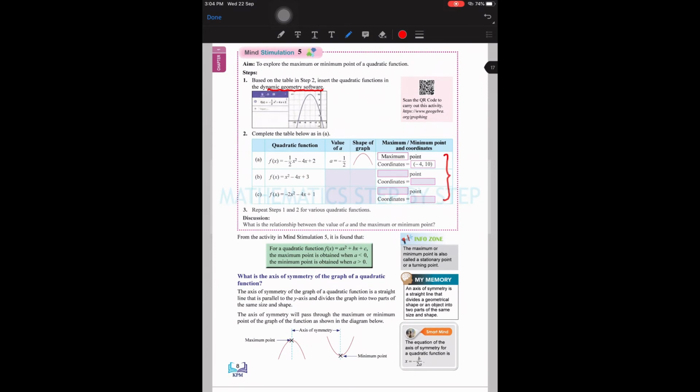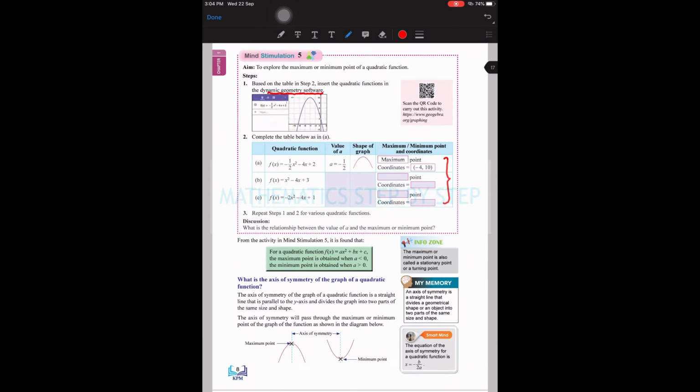What we will be learning in this Mind Stimulation 5 is, this is the general form of a quadratic function, and for a less than 0, the graph has a maximum point, because a less than 0 is an inverted smiley. This is the maximum point. And for the case of a greater than 0, it will be a smiley, so it has a minimum point.